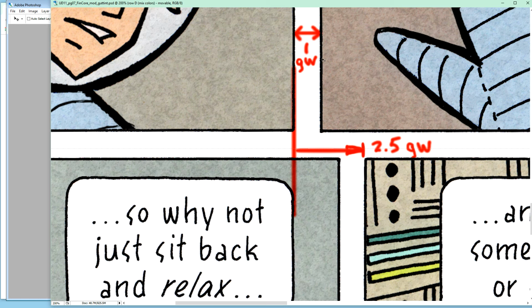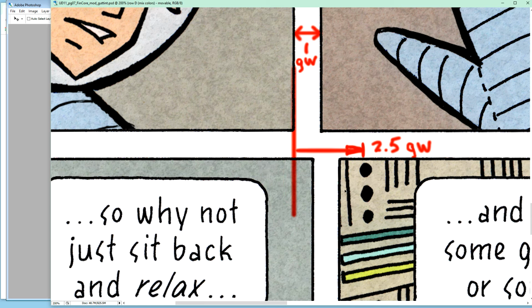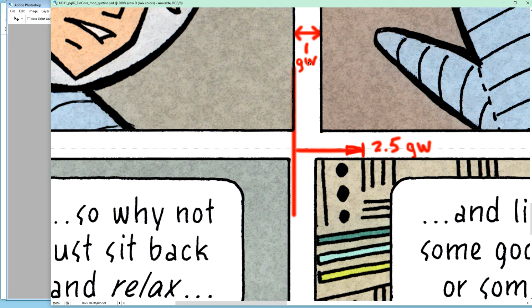So up here we have one gutter width, and then counting from this red line, which is stationary, the red line is stationary, attached to the panel C1 here, the right border of C1.